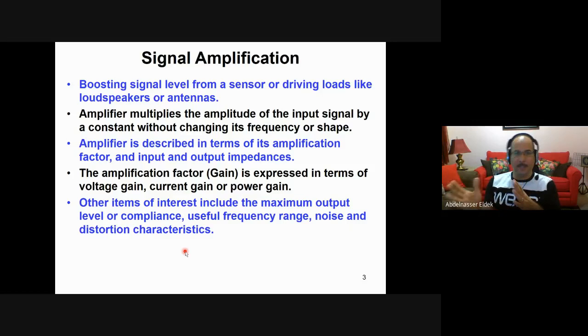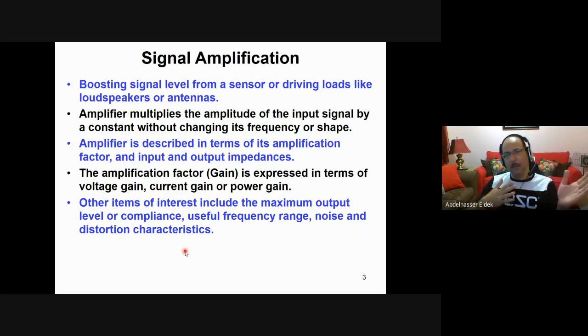If the amplification is 10, for example, then the input signal could be up to 1 volt, or 0.5 volt, depending on the circuit of the amplifier. This is what we call compliance, because if you increase the input voltage, the output will be trimmed.